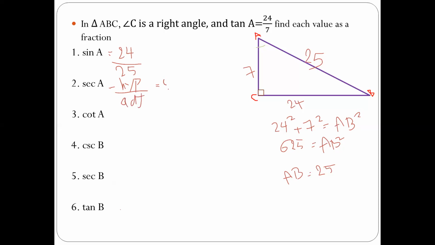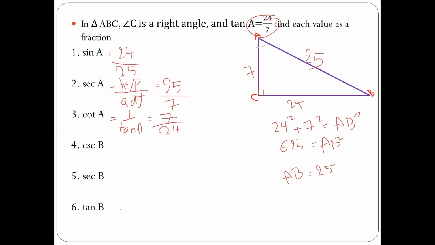What is the hypotenuse? It is 25. What is the adjacent of A? It is 7. So it's 25 over 7. Cotan A is 1 over tan A, and tan A is given. So it is the reciprocal of tan A, so it's 7 over 24.